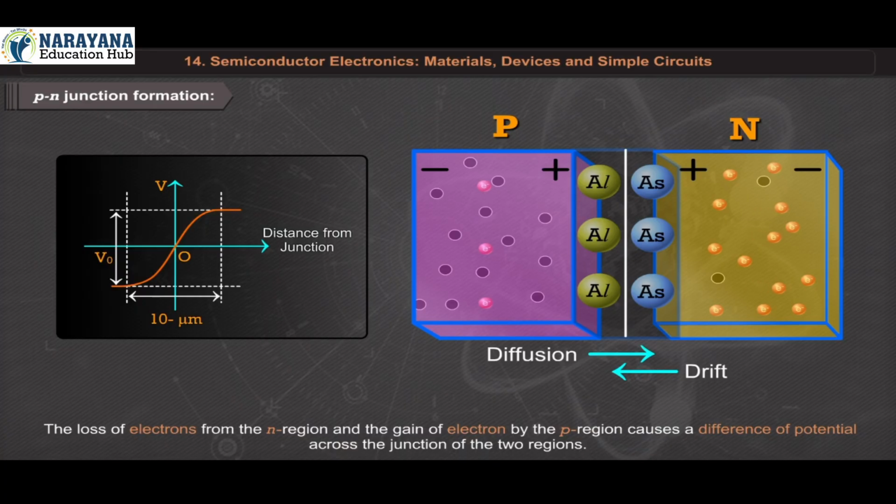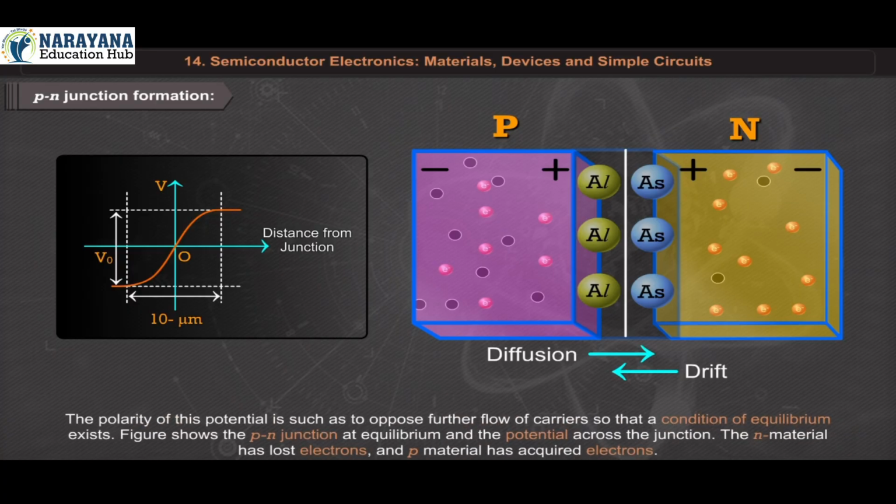The loss of electrons from the n region and the gain of electrons by the p region causes a difference of potential across the junction of the two regions. The polarity of this potential is such as to oppose further flow of carriers, so that a condition of equilibrium exists.